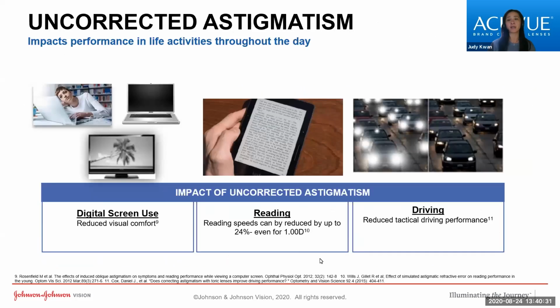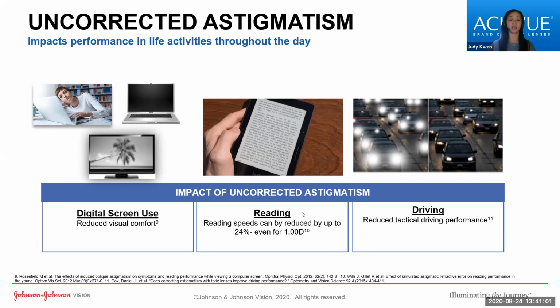Now we know that when we mask our patient, many studies have found that the impact can actually be quite significant. Be it that they're complaining that usage with their digital device is not as comfortable, reading speed is significantly reduced, and tactical driving performance is also reduced. So this is where we really need to think about the lifestyle that our patient actually requires.